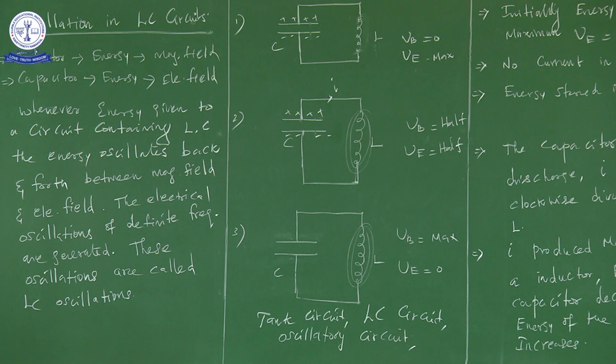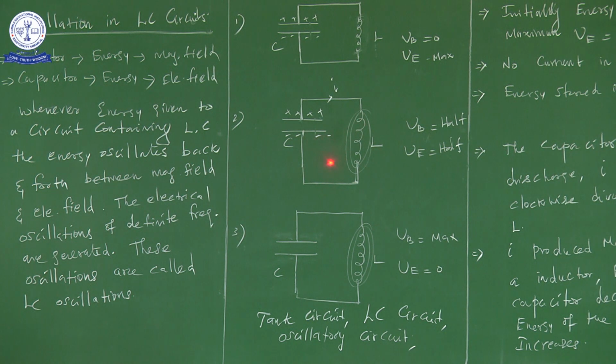So now the energy of the electric field is half, and the energy of the magnetic field is half.